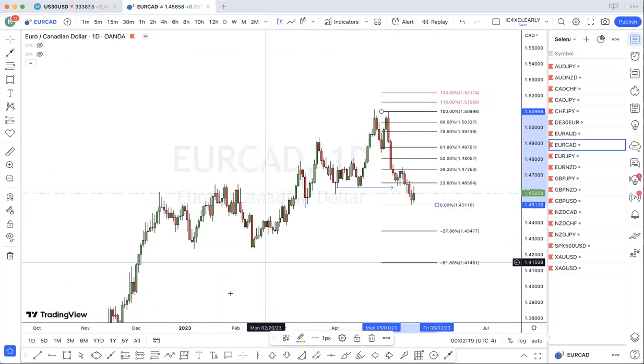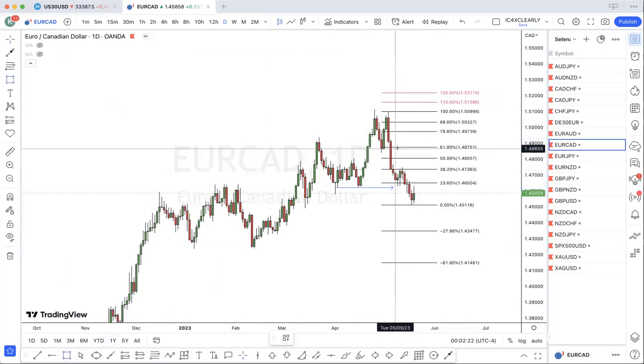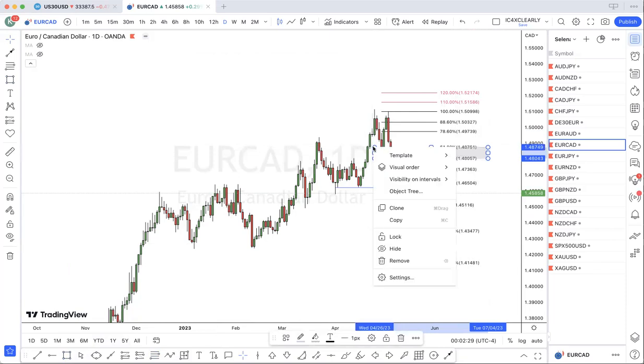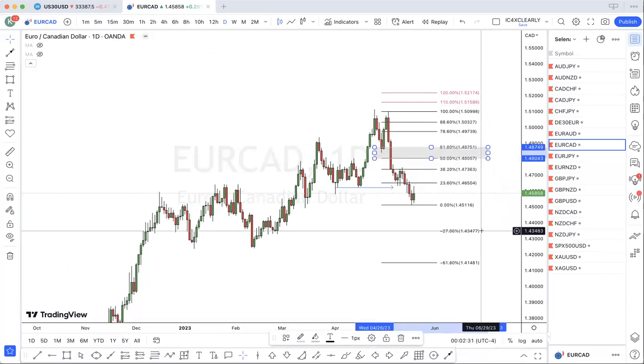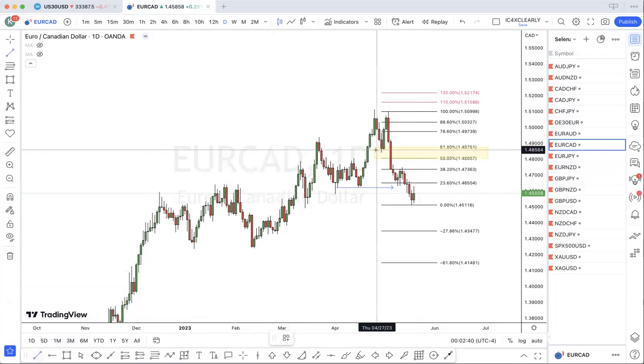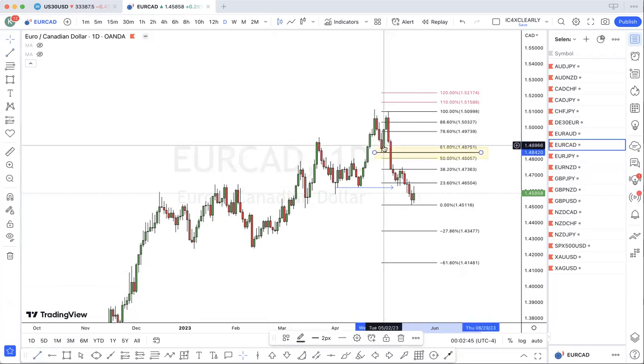We're looking for price to come back either to the 50% or 618, which is here. So this would be a pullback to the violation of this order block. That's about 50% of this candle.